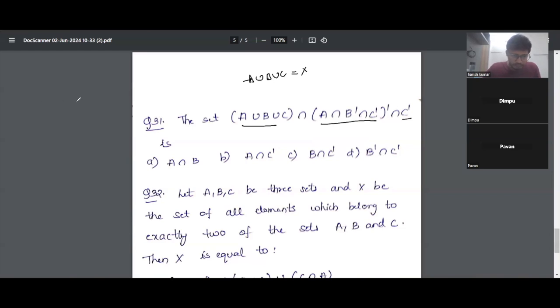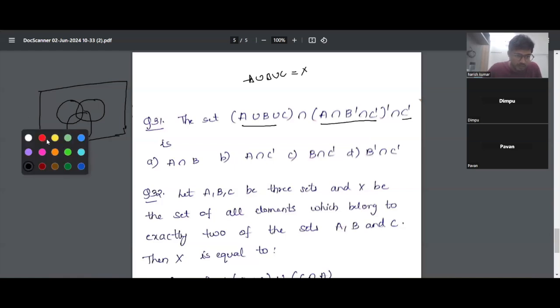This is A, this is B, and this is C. You have to be very careful while drawing the Venn diagram. This is the universal set. First, A union B union C means this entire part.